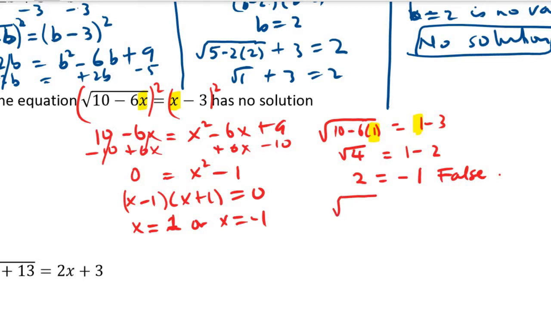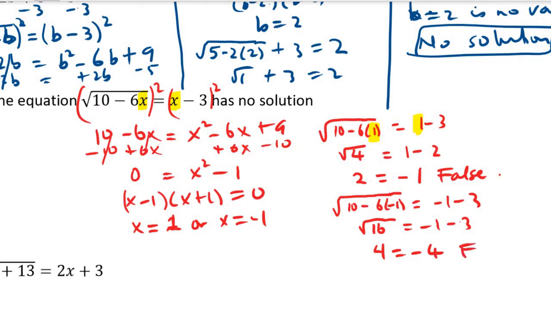Square root of 10 minus 6 times negative 1 equals negative 1 minus 3. Now, this is going to be square root of 16 equals negative 1 minus 3, and that will be 4 equals negative 4. That's also false.